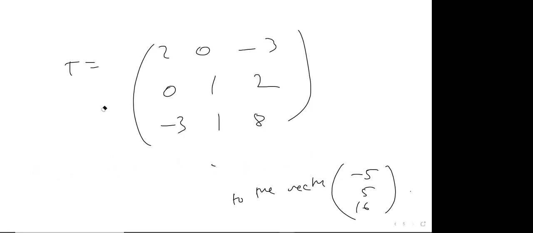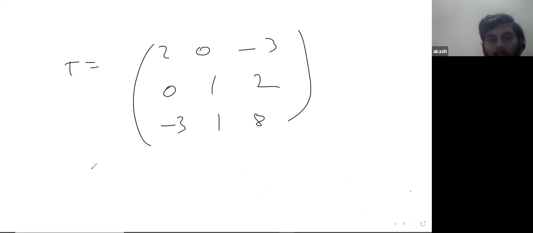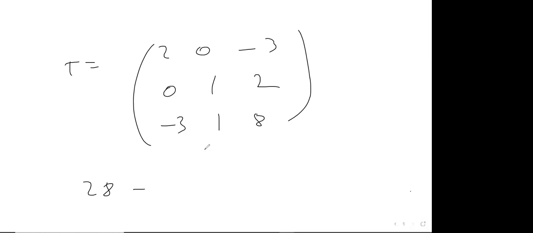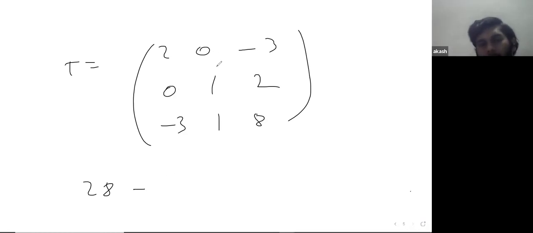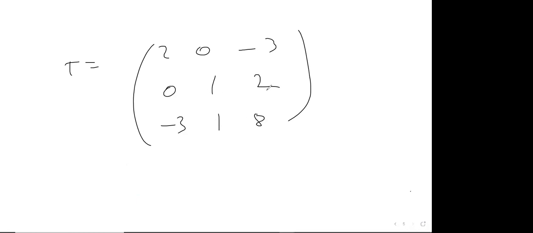First, I found the determinant. The determinant value was 3. How did you have 3 as the determinant? What is the answer for the determinant?